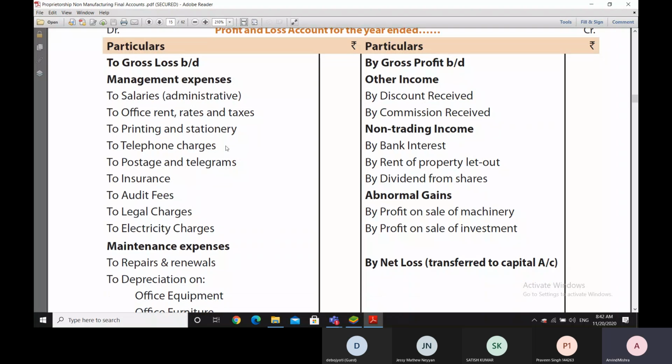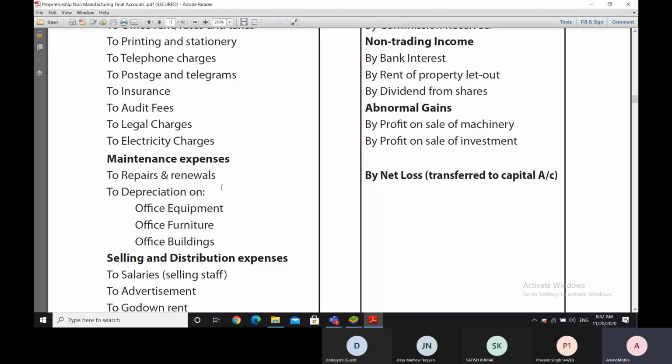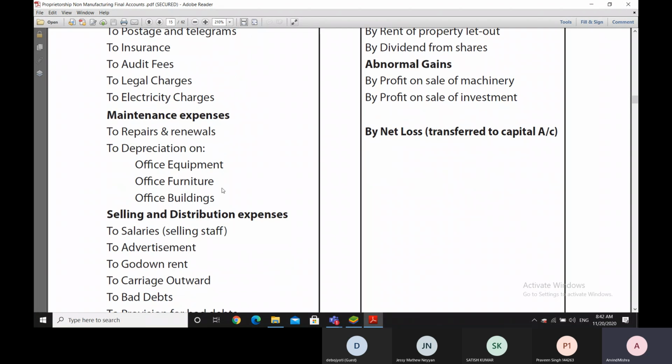So this table is very revealing, where we can see easily what are the nature of the administrative or the management expenses. And of course, we all know the maintenance expenses spent on the maintenance, repair, renewal, and the depreciation also.